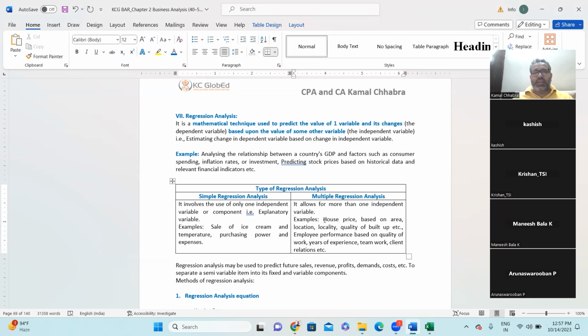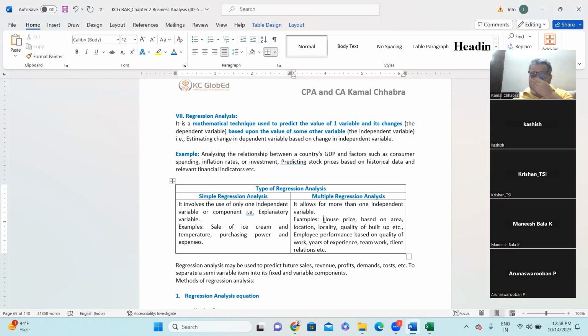The location, size, car parking, the builder quality, quality of the building, age of the building.